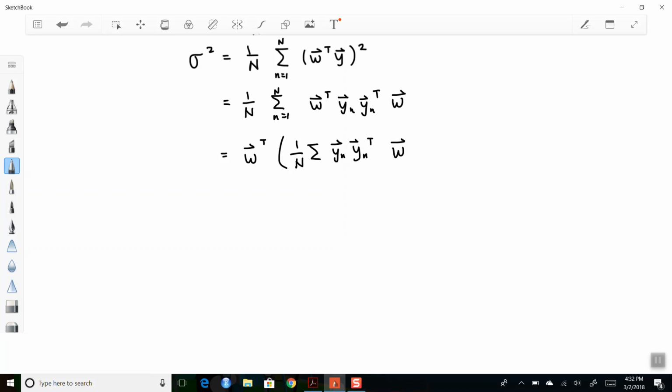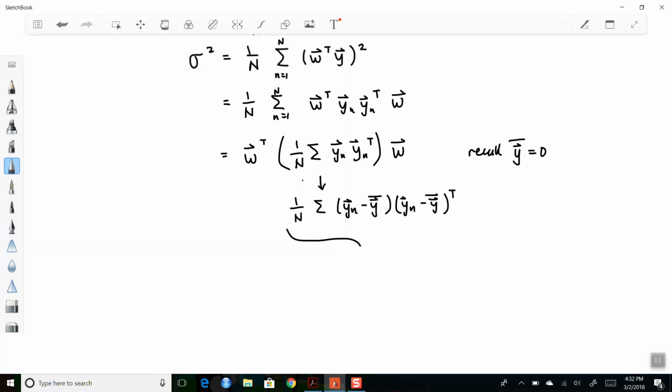And this whole thing can be written as, recall that the mean of all of these things is 0. So this can be written as 1 over n times the sum of y sub n minus y bar times y sub n minus y bar transpose, okay?